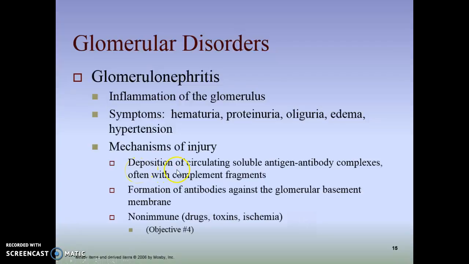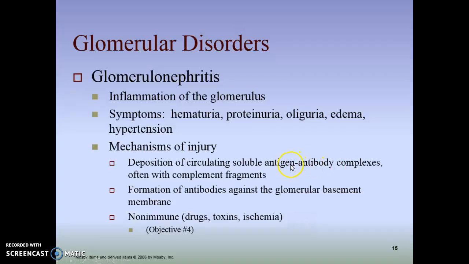You can have deposition of circulating antibody-antigen complexes. Remember, this could be because there's a bacterial infection. This can follow a bacterial infection, where you have the bacterial antigen, your immune system is trying to clear it, antibodies have been produced against that antigen, and then a complex develops.